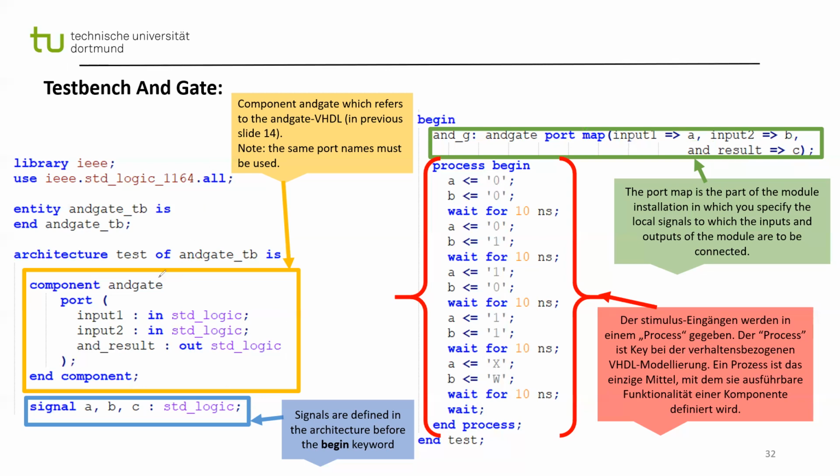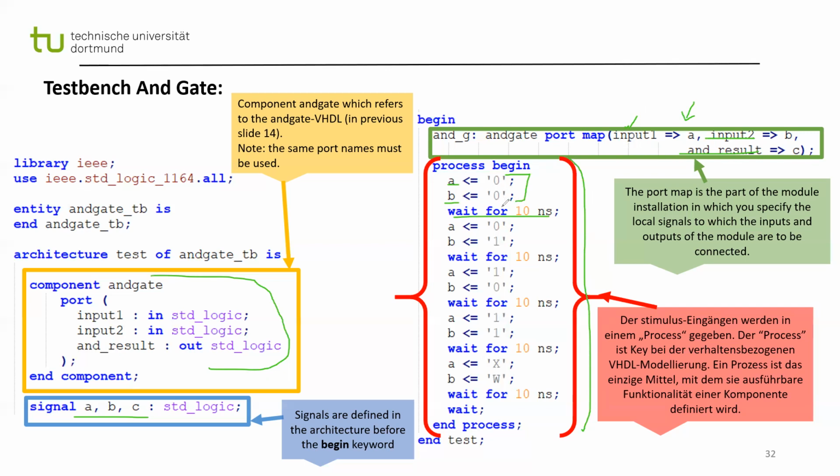So as you can see, we have our component AND gate, which has the same port names and ports of our previous video. We have declared three new signals, A, B, and C. We mapped A, B, and C to the input 1, input 2, and result. And in the stimulus, we gave multiple values to A and B, and then waited for 10 nanoseconds to show the result of giving A and B the values of 0, 0.